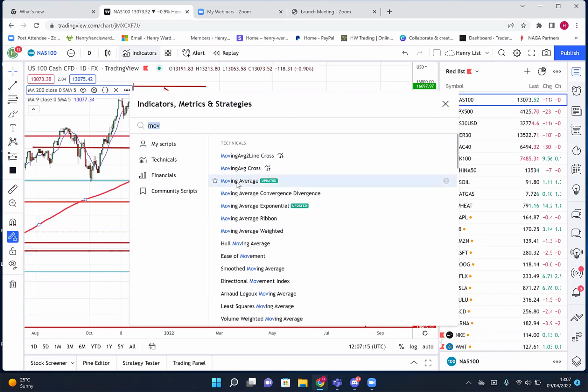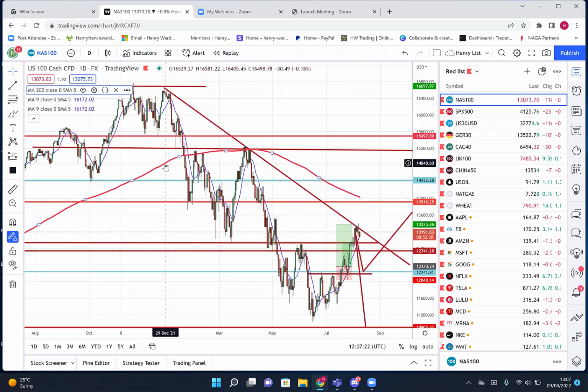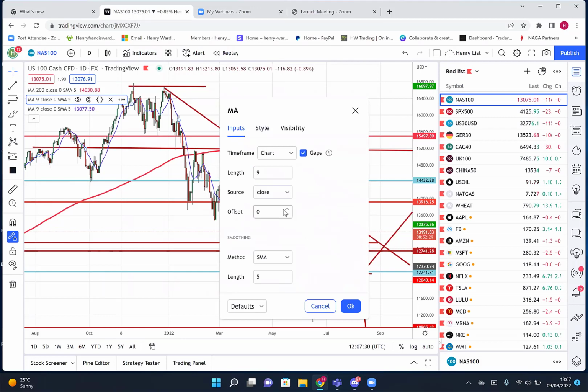Moving average. And pop that in. Style. The 100.